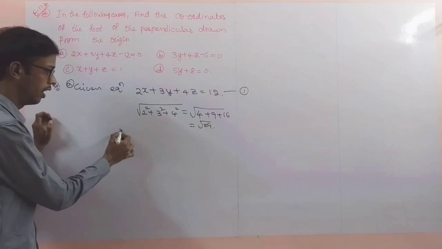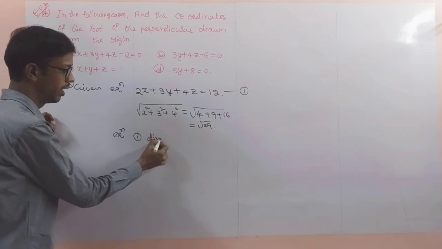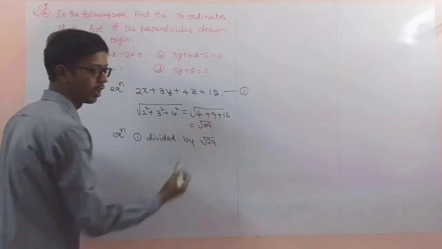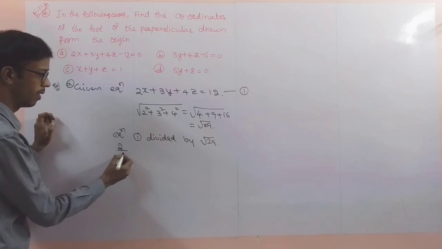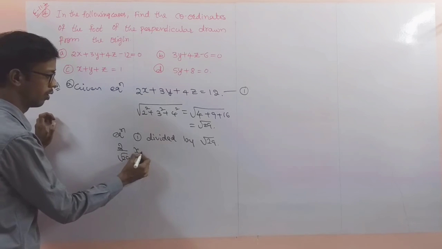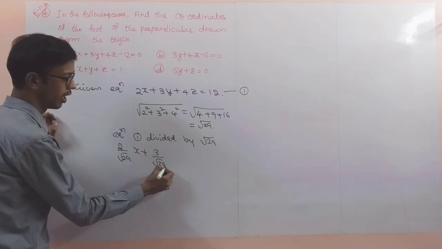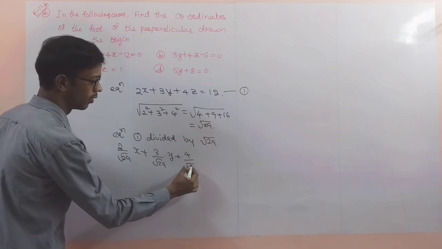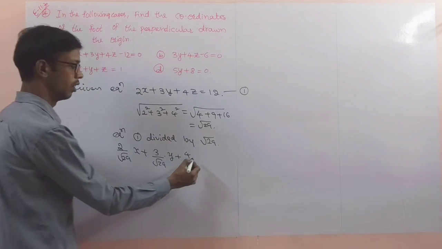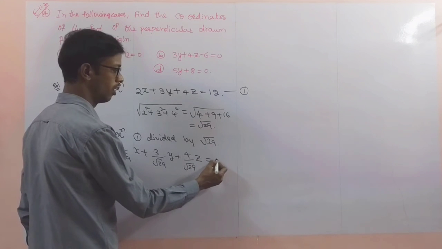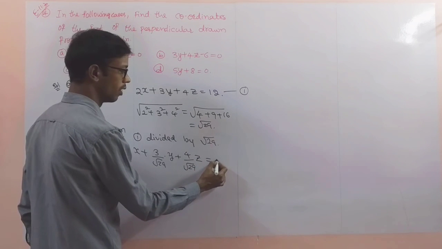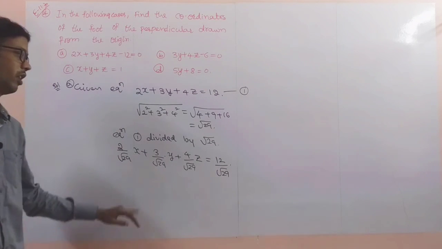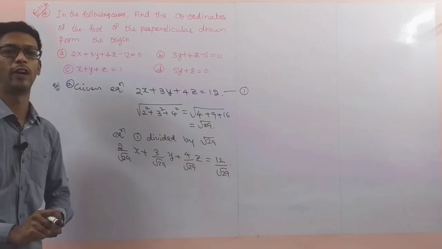Equation 1 divided by root 29. So what you'll get? 2 by root 29 into x plus 3 by root 29 into y plus 4 by root 29 z equal to 12 by root 29. Both sides you have to divide by root 29.